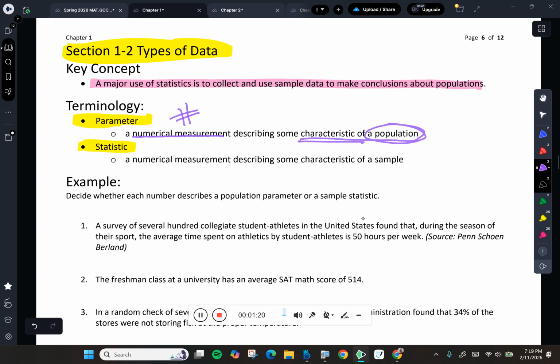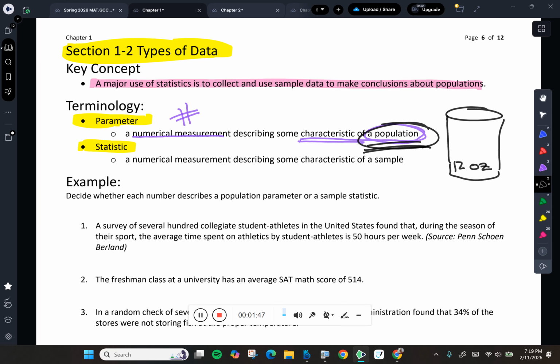Or if we go back to my favorite example, our cans of Coca-Cola that are supposed to have 12 ounces in them, but chances are they're not going to, because we don't live in a perfect world where we can put exactly 12 ounces in every can of Coke. Then if we were going to describe the average amount of soda in every single can ever produced by that machine or on that day, or however we define our population, then that number we would call a parameter.